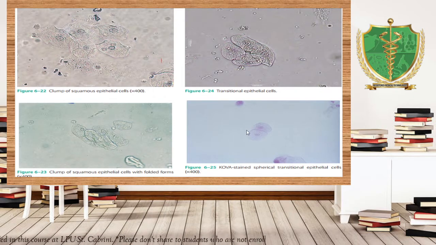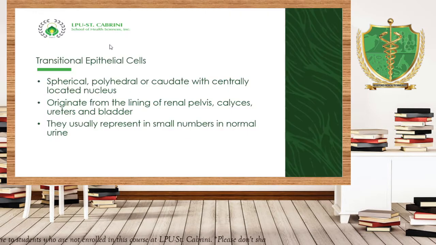And this is a Sternheimer-Malbin stained spherical transitional epithelial cell, which is different from this one. Look, its roundness is perfect, while the squamous epithelial cells have an irregular cytoplasm. So transitional epithelial cells are spherical, polyhedral, and caudate with a centrally located nucleus.